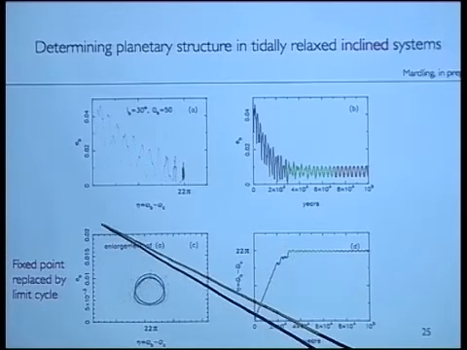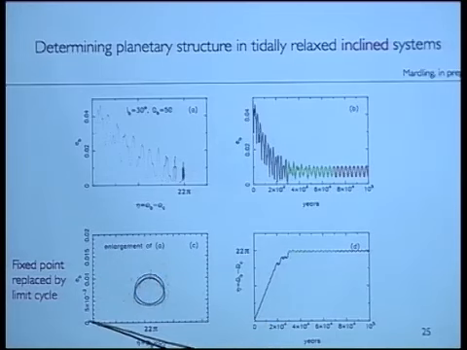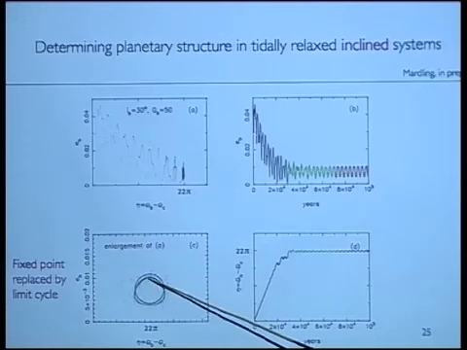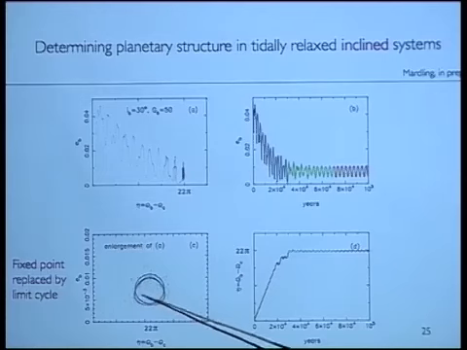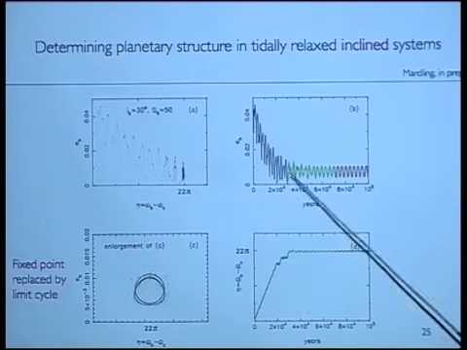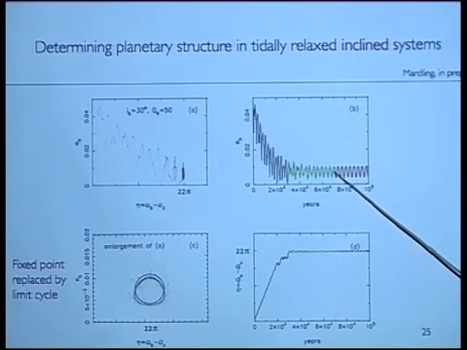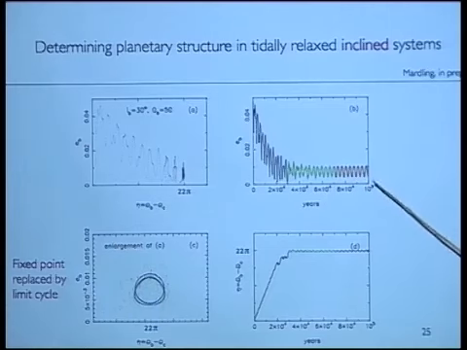So this is a phase space again, if you like to call it that, the eccentricity of the inner planet against the angle between the apsidal lines. The red curve is the numerical solution that fiddles around and eventually settles onto this limit cycle. Here we see it in eccentricity against time, and it just becomes nice and regular and stays like that.